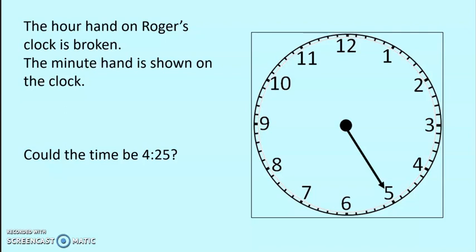Why is it pointing at the 5? Well, when the minute hand is pointing to the 5, it's showing 25 minutes past the hour. Now that we know that the minute hand could be there, where will the hour hand be pointing if the time is 4:25?